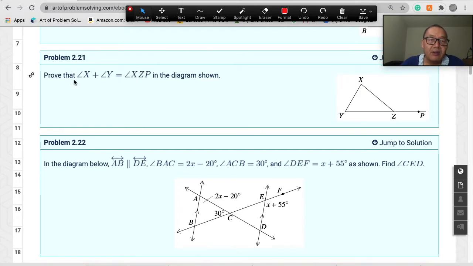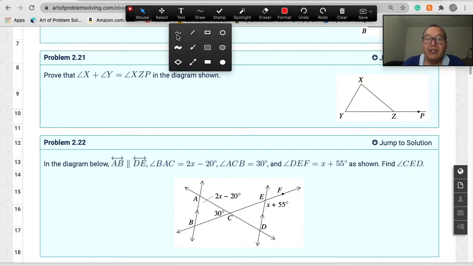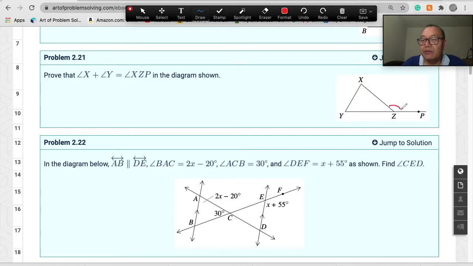Now let's see, prove angle x plus angle y equals angle XZP. Exactly, they ask you to prove this exterior angle equals the sum of these two angles. To do this, I already showed you the process.